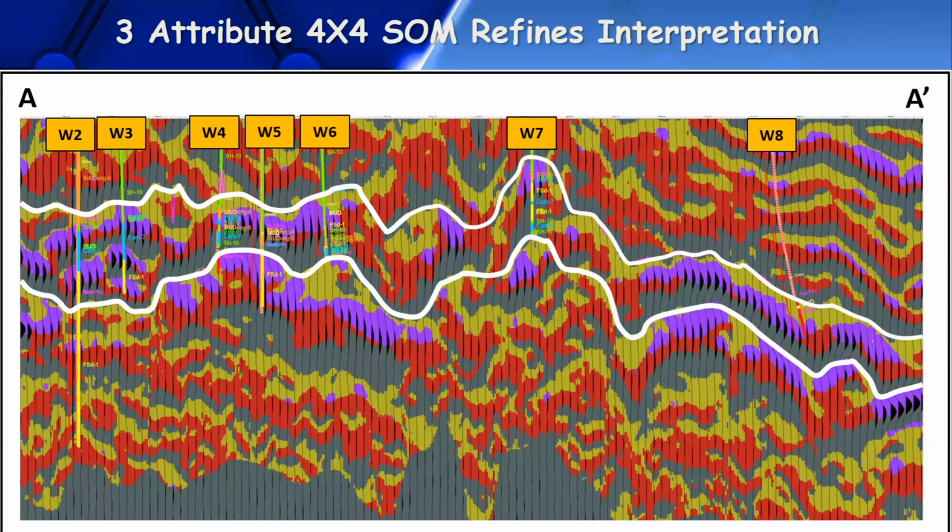But the team updated the interpretation by using a low topology SOM along with the original interpretation and the well control. So the full stack volume was used to produce this SOM to revise the interpretation, and only 3 attributes were used: the normalized amplitude, the instantaneous frequency, and the instantaneous phase. So you can see that the purple neuron helped to guide the interpretation, especially the upper horizon.